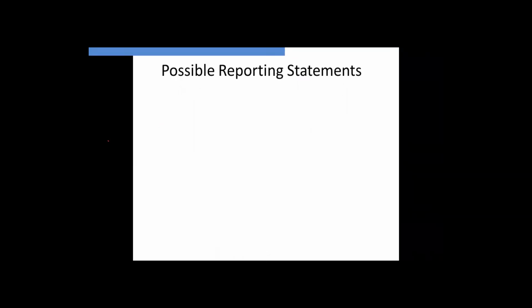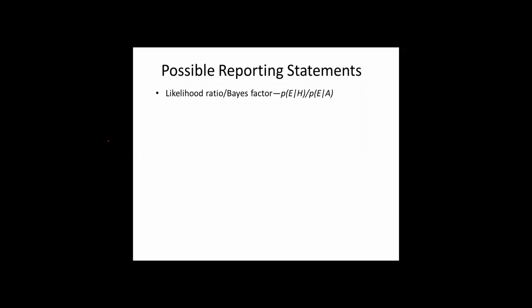Okay, so the logic of comparison dictates to some extent what the examiner can report. So how might the examiner report conclusions based upon this assessment of conditional probabilities? The most straightforward approach is to simply make statements about those conditional probabilities or about their ratio, which could be in the form of a likelihood ratio or Bayes factor.